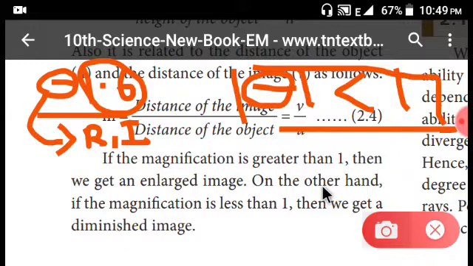This is what we learnt in the earlier sessions, and that's what they are saying here. We get an enlarged image, and here the minus sign indicates a real and inverted image. On the other hand, if the magnification is less than 1, then we get a diminished image.